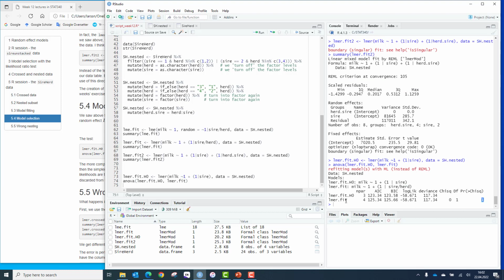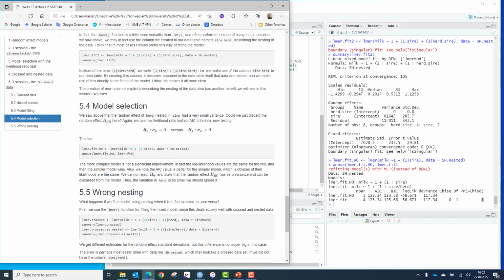There is no significant increase in fit by going from the simpler to the more complex model. So we should stick to the simple model. The null hypothesis cannot be rejected. We consider the null hypothesis as being true, sort of. And sigma b is 0. We can ignore this herd effect.